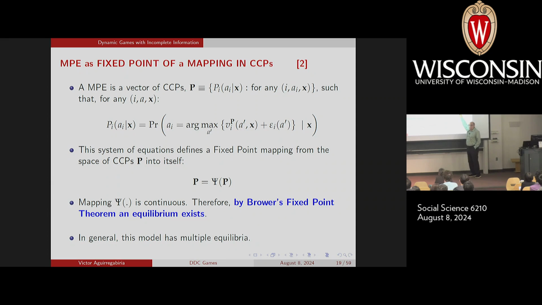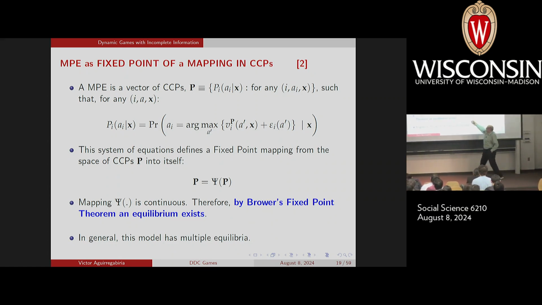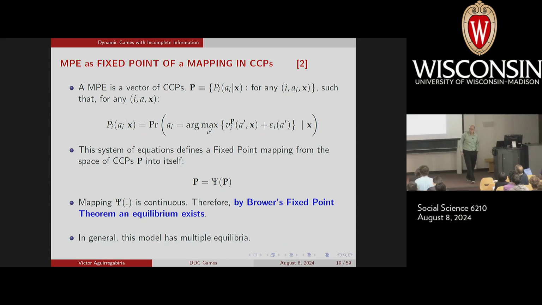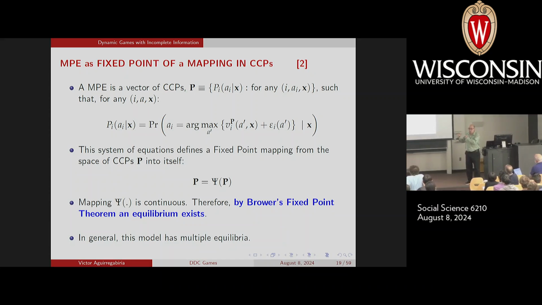In a Markov perfect equilibrium in this model, of course, we have as many equations like this for every possible player, every possible action, and every possible value of x. And we have a large system of these best response equations. I have put everything together here, but you can see that these best response equations define a mapping from the space of choice probabilities into the space of choice probabilities.